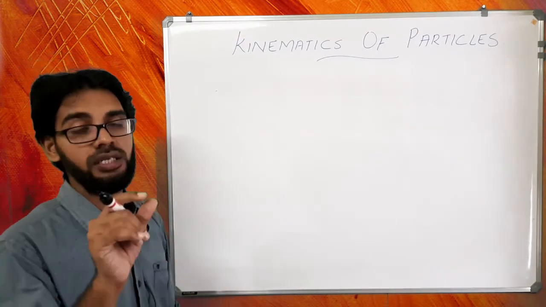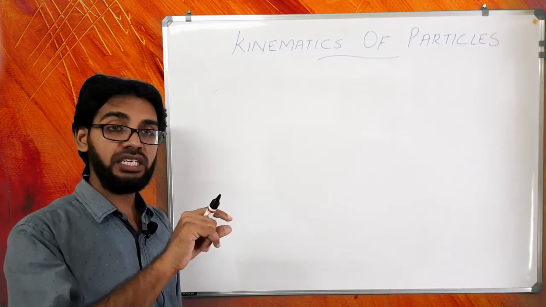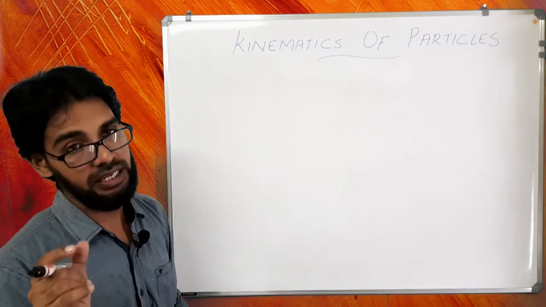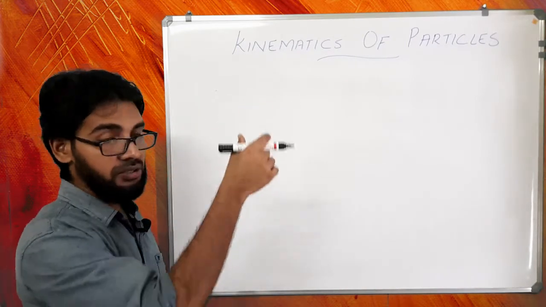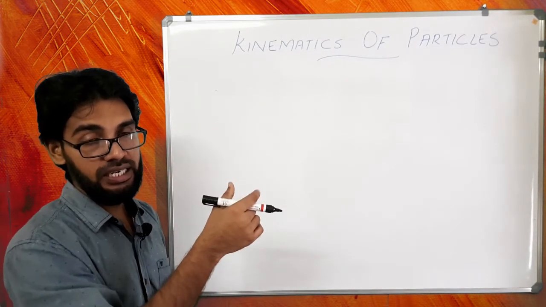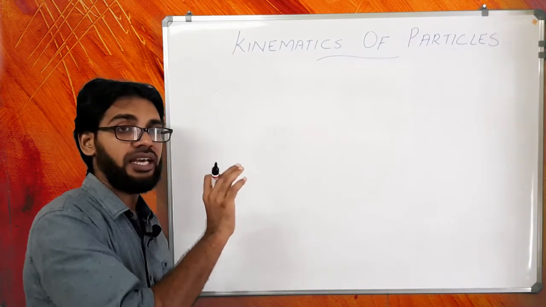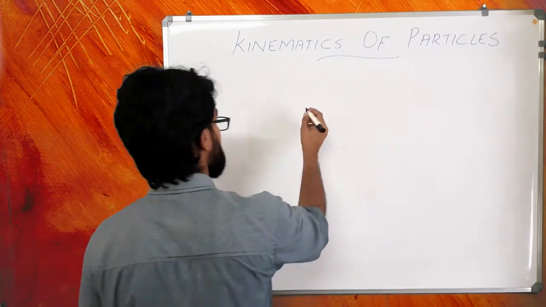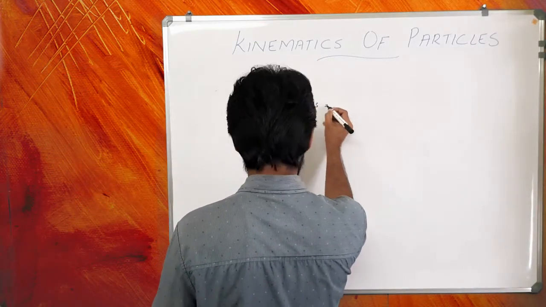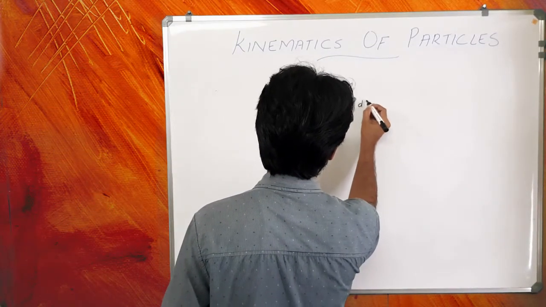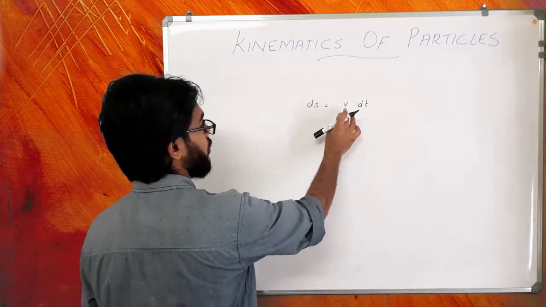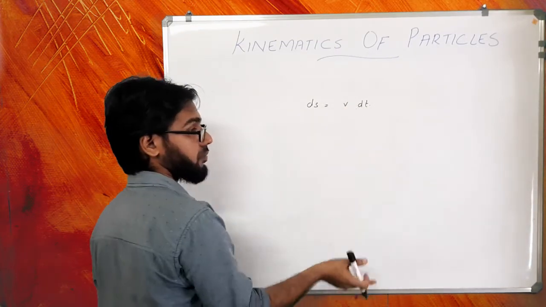Here we want the equation of acceleration in terms of t. So look at the three equations which we had studied earlier, which give a relation between distance and time. Yes, the equation is ds equals v dt. Here the velocity you had derived from the earlier equation.